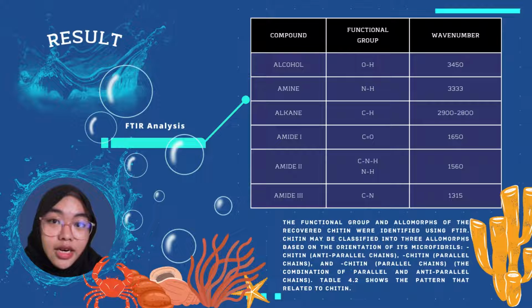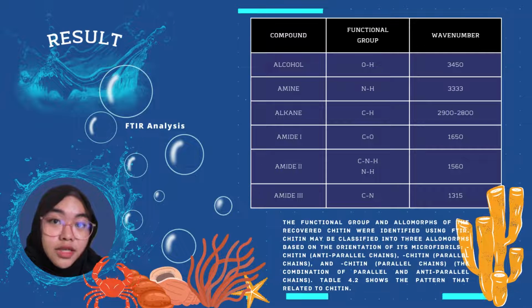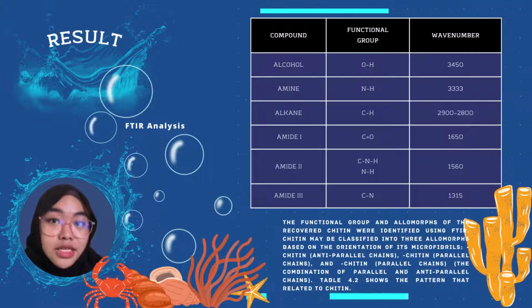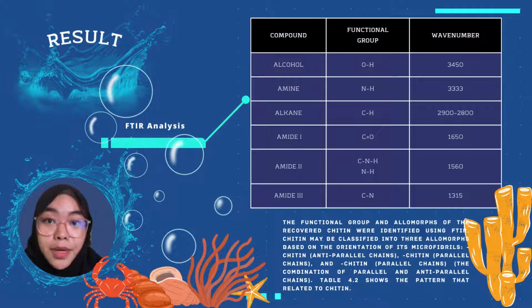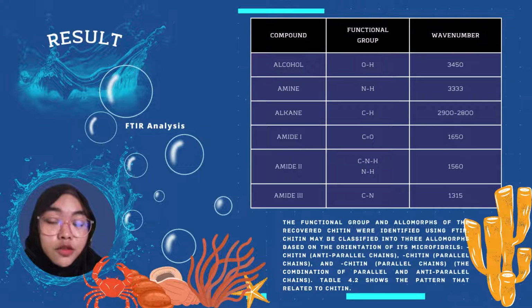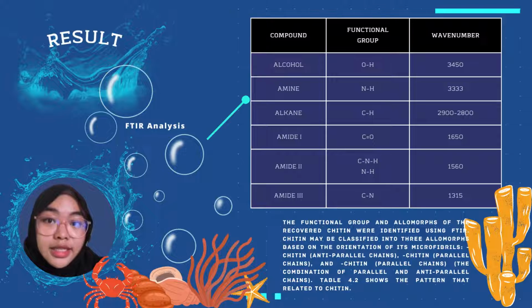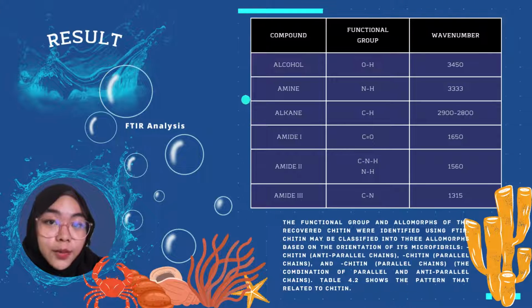Next, for FTIR analysis, the functional groups of the recovered chitin were identified using FTIR. Chitin may be classified into 3 allomorphs based on the orientation of its microfibrils: alpha chitin, anti-parallel chain; beta chitin, parallel chain; and gamma chitin, a combination of parallel and anti-parallel chains.